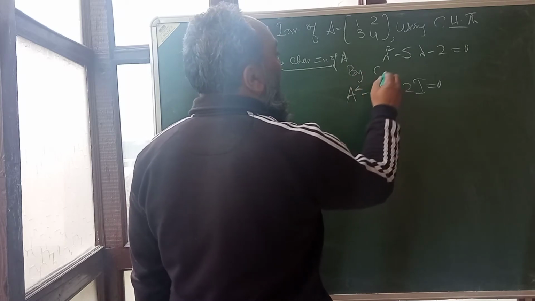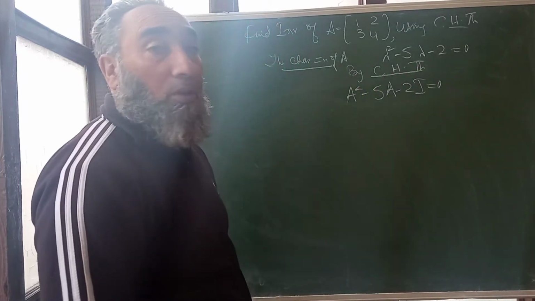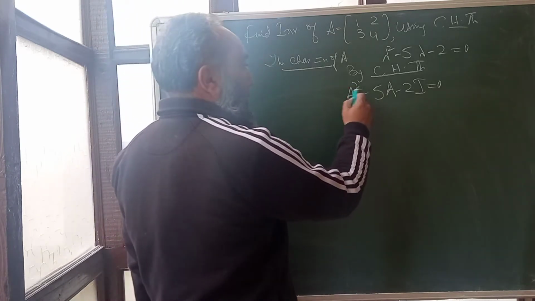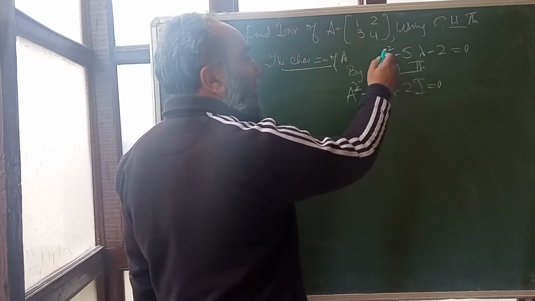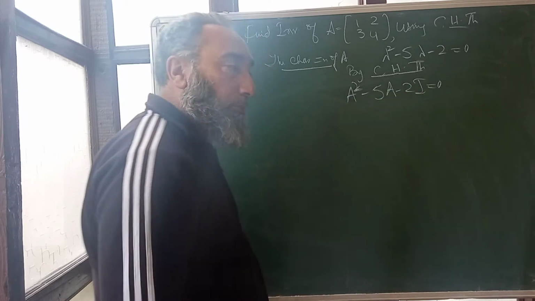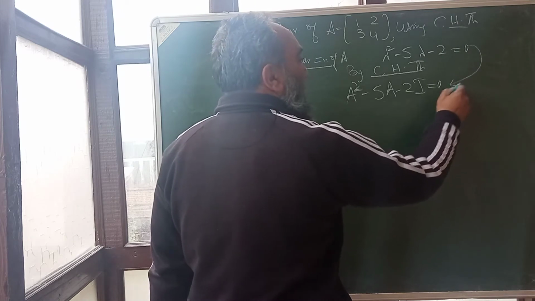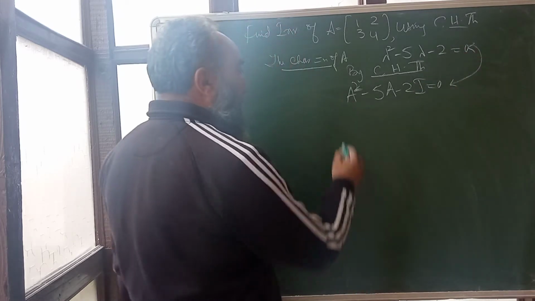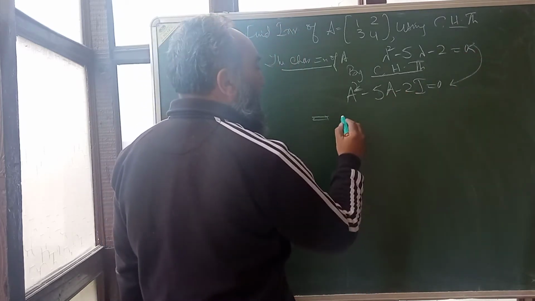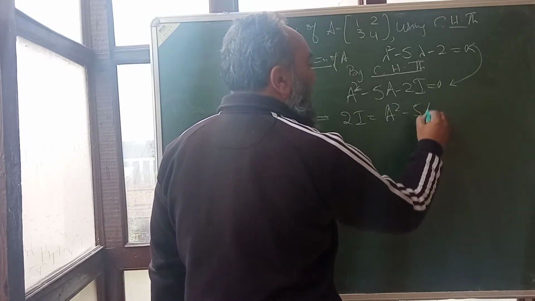By Cayley-Hamilton theorem, which we have already seen and which we have already verified, every square matrix satisfies this characteristic equation. I have A square minus 5A minus 2I equals 0. And I have told you already this 0 and this 0 are different. Now this gives us 2I is equal to A square minus 5A.